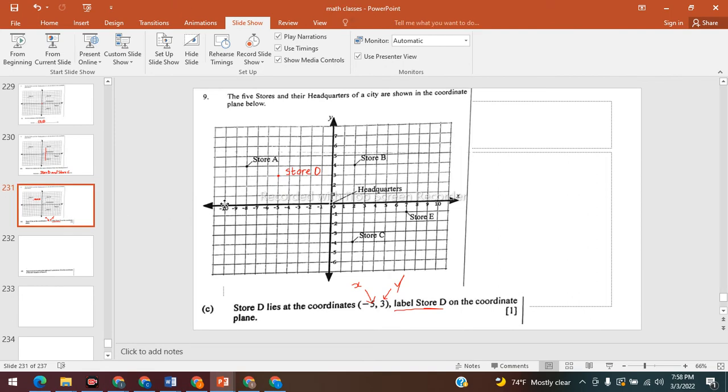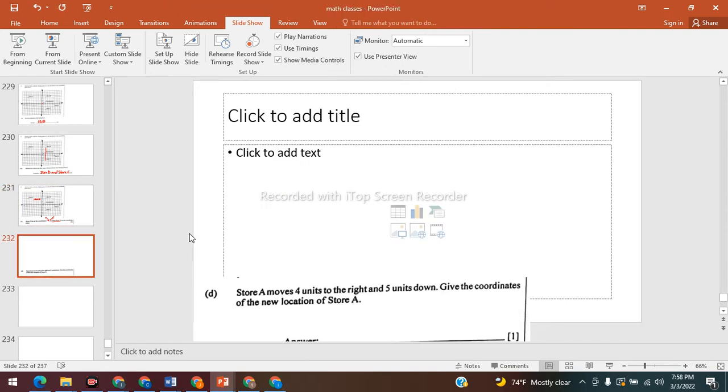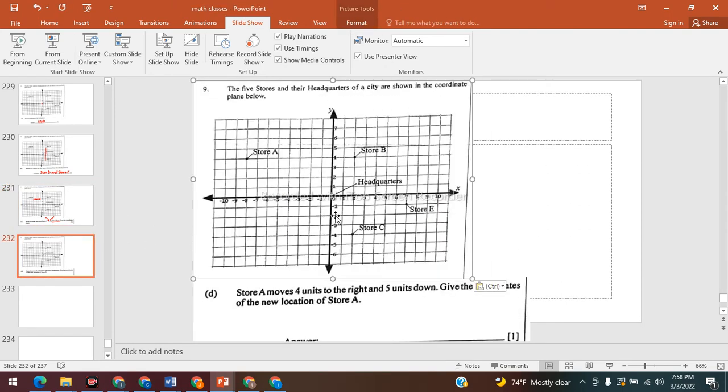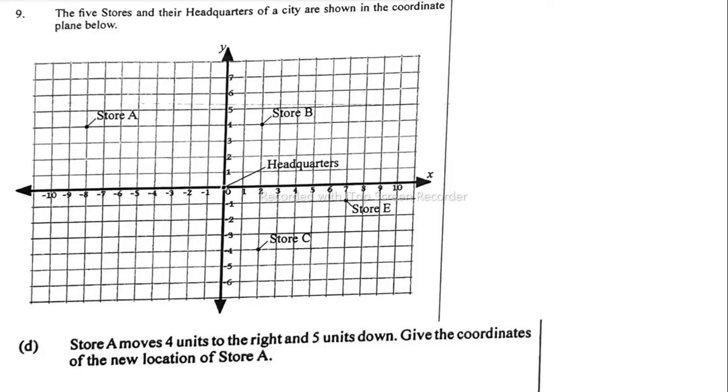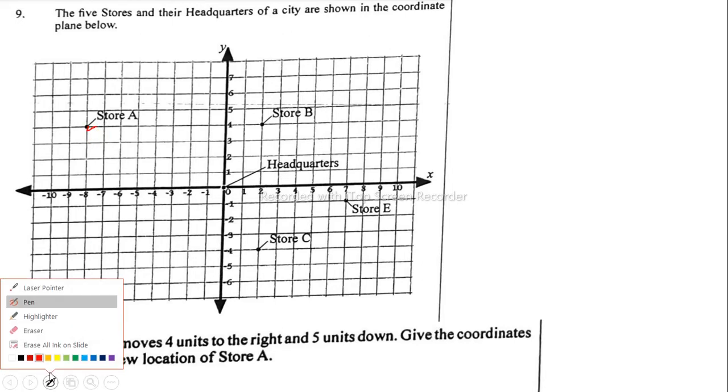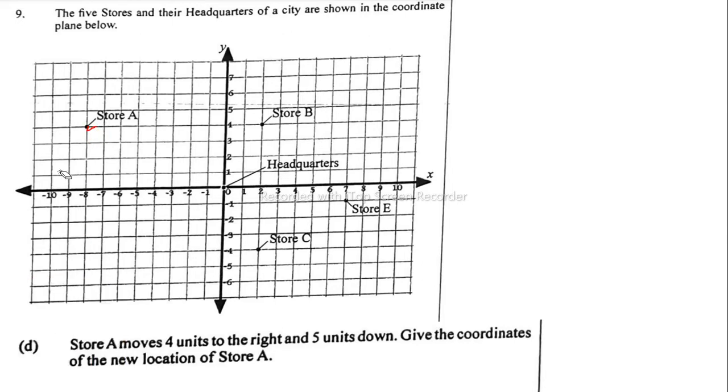So let's go back here. Store A moves 4 units to the right and 5 units down. So 4 units to the right. That's -1. Sorry, my apologies. Yeah, 4 units to the right on the x-axis.